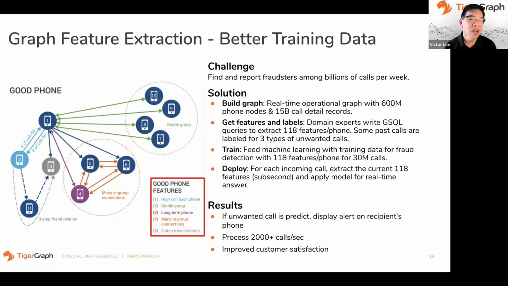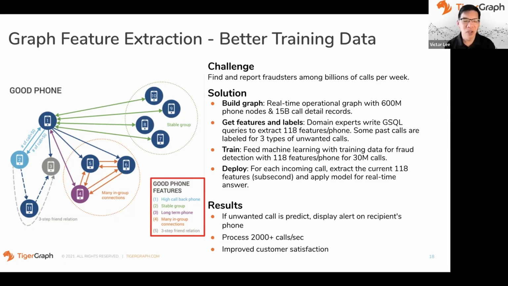And so we design several, in this case, several means 118 different pattern queries, such as, is there a pattern that's a 4-hop loop? Is there a pattern of calls to people who were called frequently over a certain time window? Is there a pattern of people who were called and then call each other, forming a little sub-community within a certain time window?